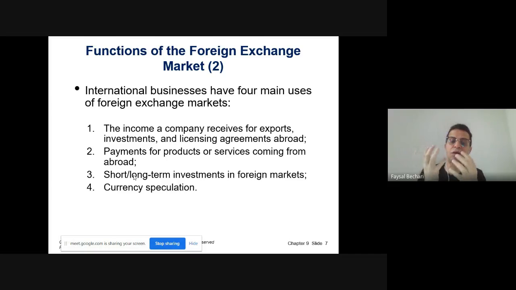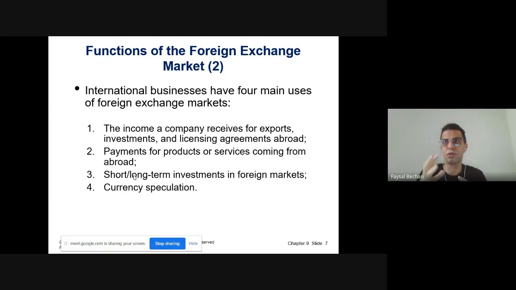So there is income generated, and they probably want to bring it inside the country or see how much profit they are making. The second is if they want to make a payment for a product or a service coming from outside. And the third is a short or long-term investment in foreign markets.